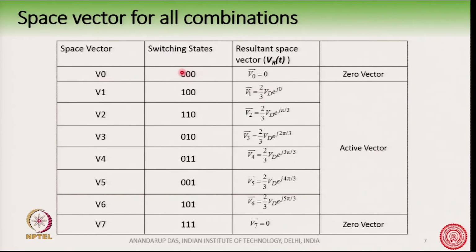When you have switching state 0 0 0, then the resultant space vector is also 0. Similarly, when you have 1 1 1, the resultant space vector is also 0. For any other combination, you can see 1 1 0, for example, if you put it into the formula, then the resultant space vector is 2/3 Vd e^(jπ/3).